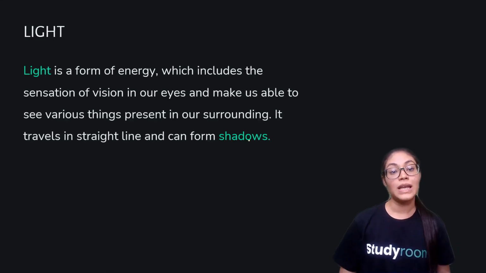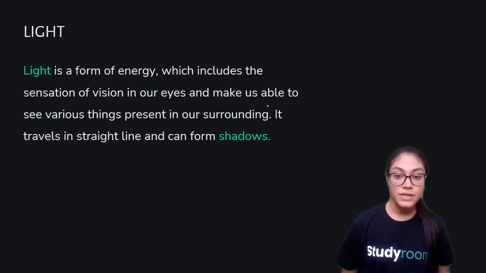Now, light is a form of energy which includes the sensation of vision in our eyes. This is the basic definition of light, which is very easy. Light is a form of energy which includes the sensation of vision in our eyes and makes us able to see various things present in our surroundings.